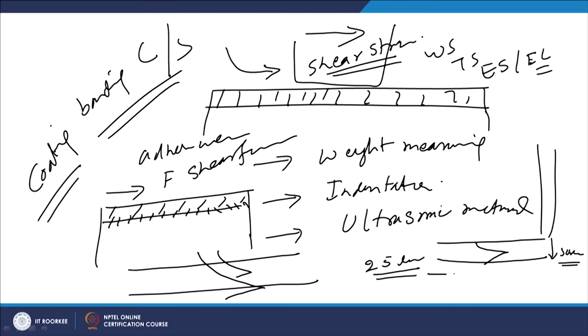If we deposit a coating of only 25 micrometer thickness, then the maximum stresses will be acting only at the coating substrate interface, and that in turn will increase the chances for the delamination of the coating, especially during the surface interaction. So, we should take a proper decision about the depth, or the thickness, to be achieved after the surface modification, so that the maximum shear stresses do not occur at the coating substrate interface.